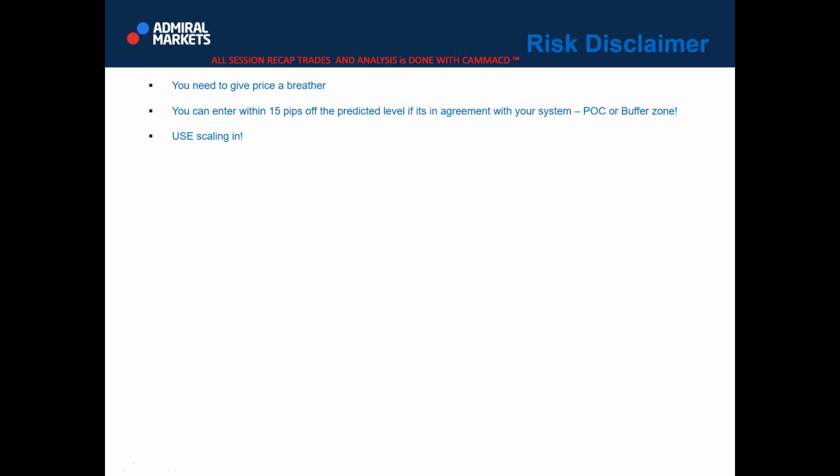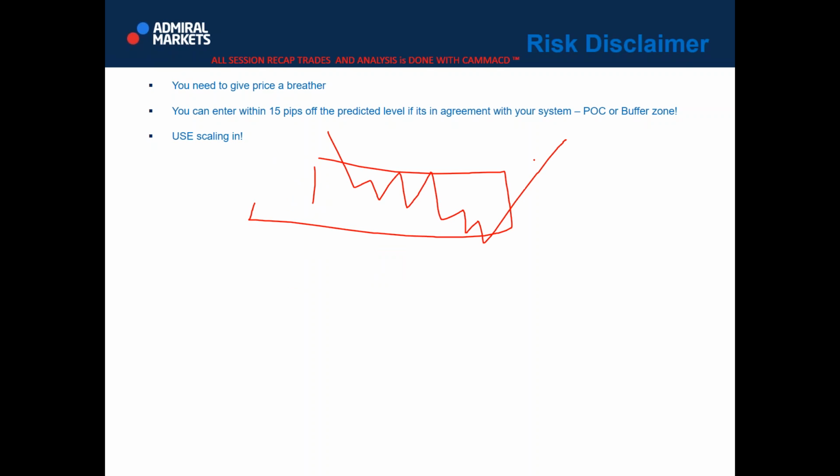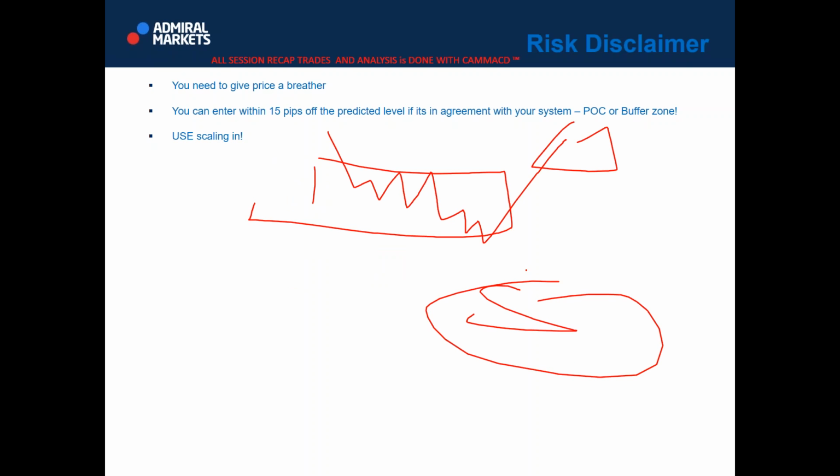Scaling in is a very good trick: if the pair starts to retreat within the zone, then you can add to your trade entry, but never ever move your stop loss. Your stop loss should always be fixed.